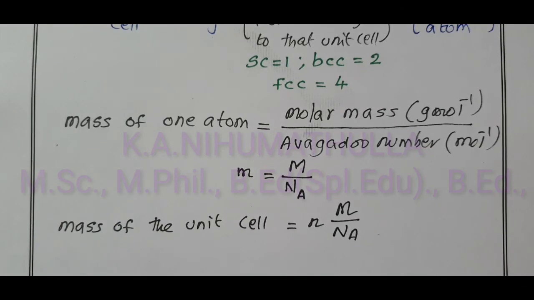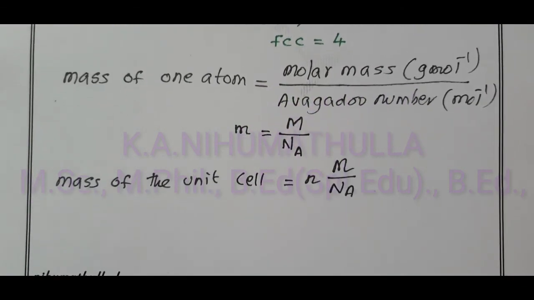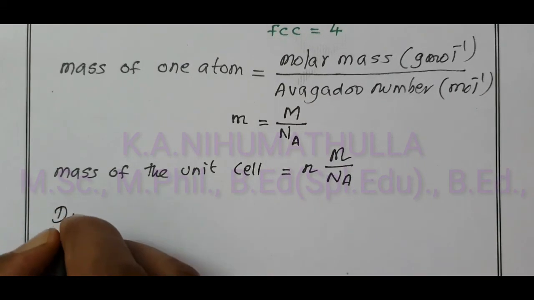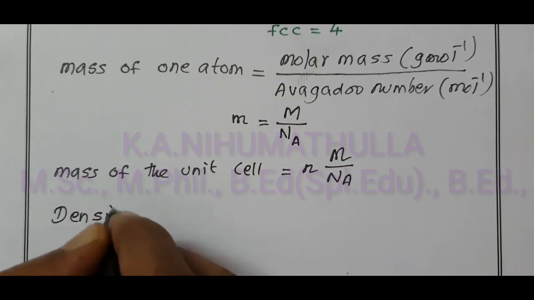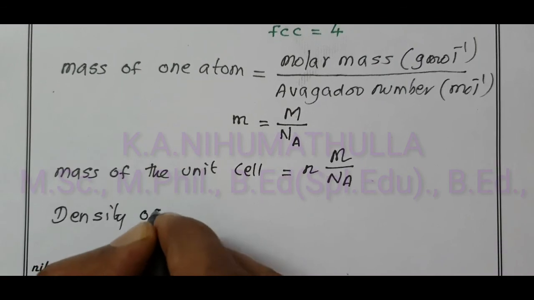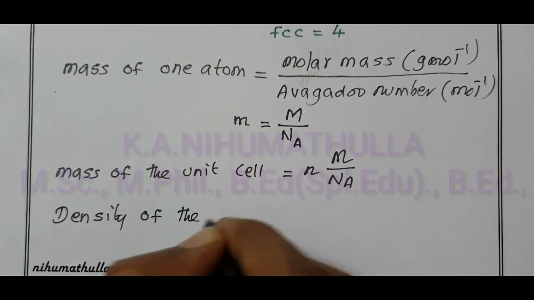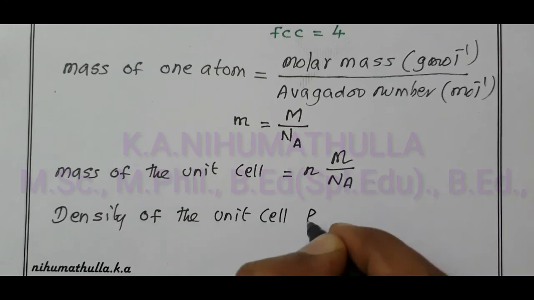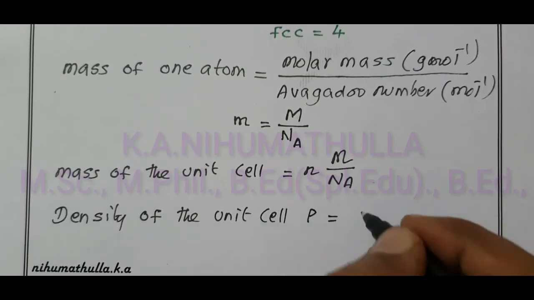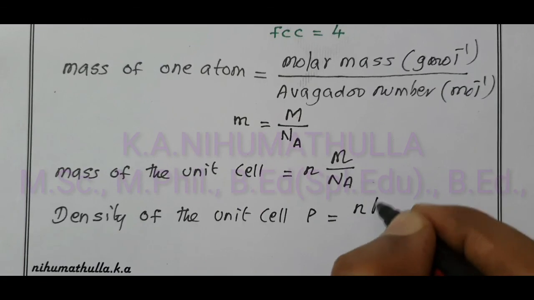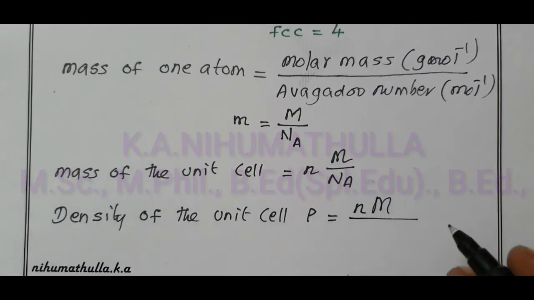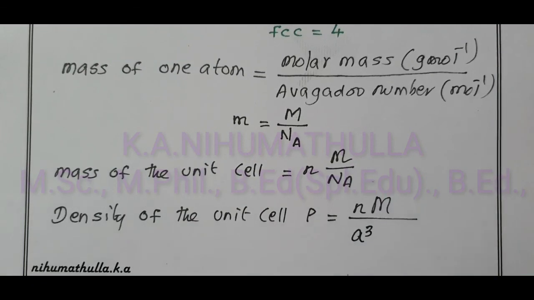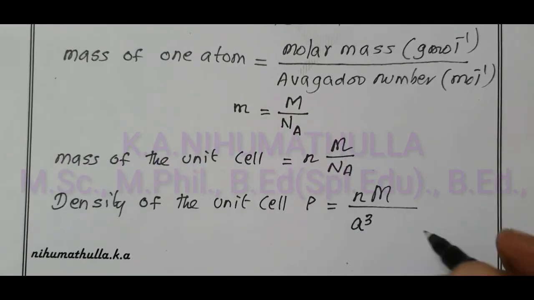When you substitute this value in the density formula, we can write the final formula to calculate density. Density of the unit cell, rho, equal to n into capital M, molar mass, divided by volume of the unit cell a cube into Avogadro number Na.